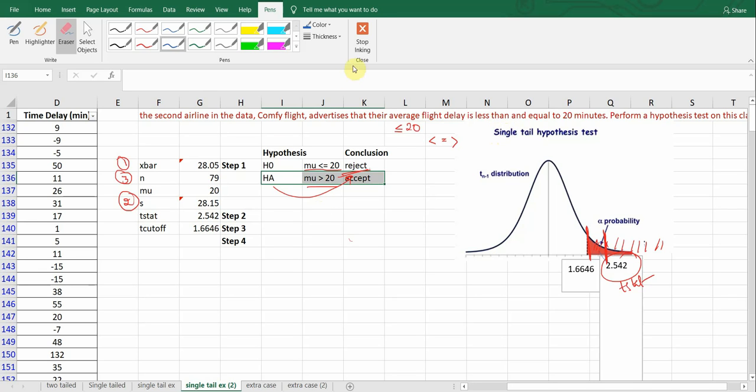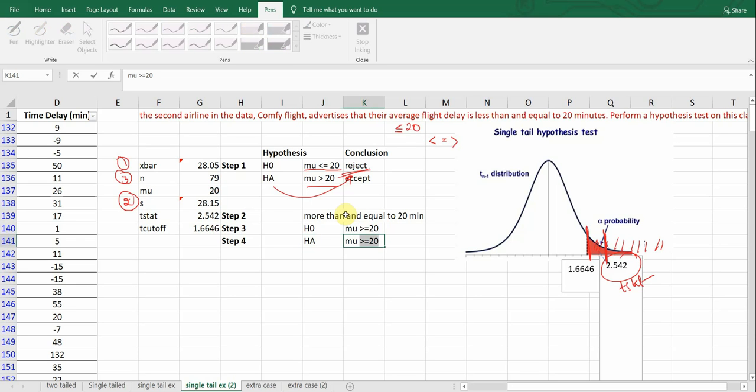In that case, if it is more than and equal to 20 minutes, the null hypothesis will be mu is greater than or equal to 20 minutes, and my alternate hypothesis will be mu is less than 20 minutes. So you can get questions as less than and equal to or more than and equal to.